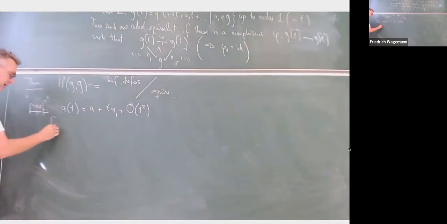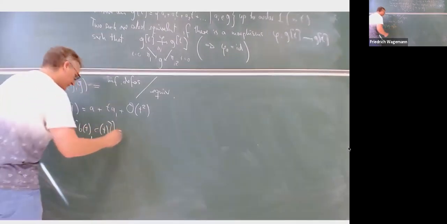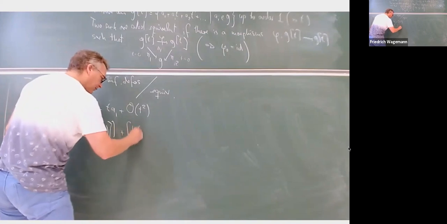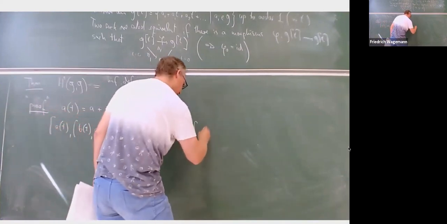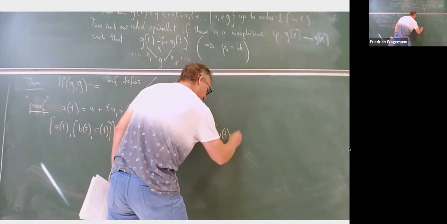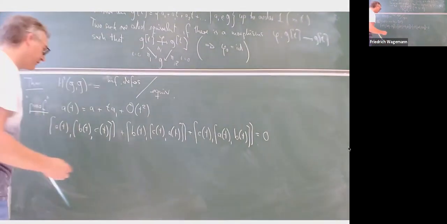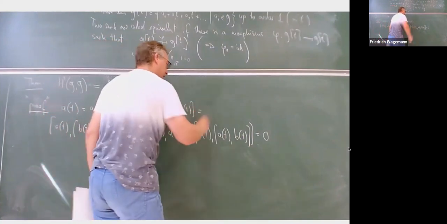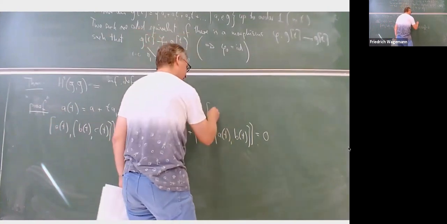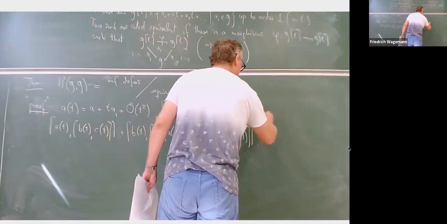Now if you write the bracket [a(t), b(t)], it should start with [a,b] plus t times omega(a,b).